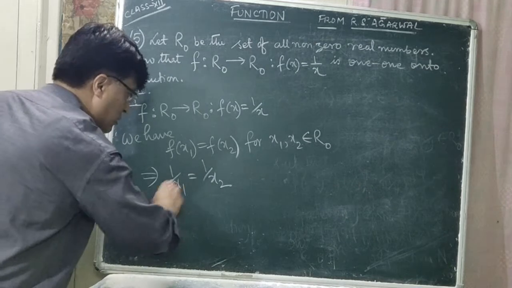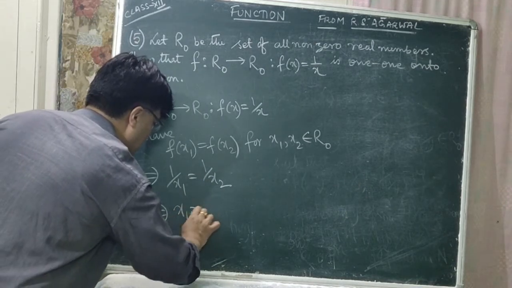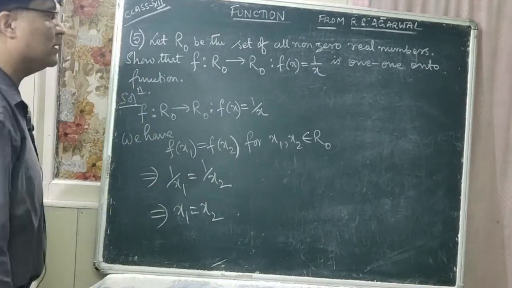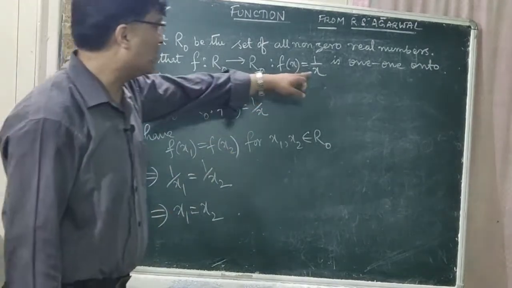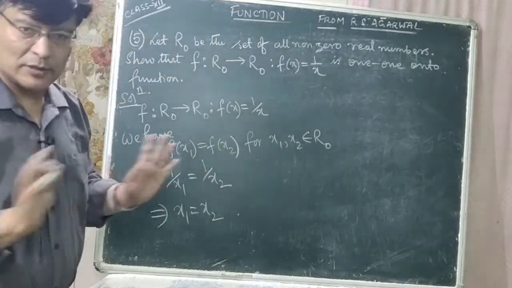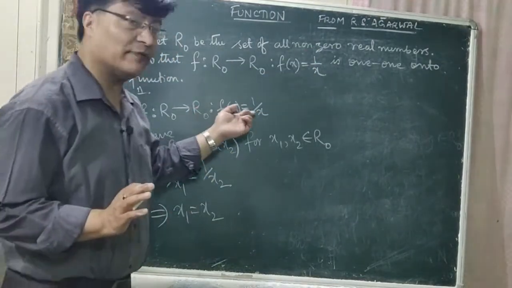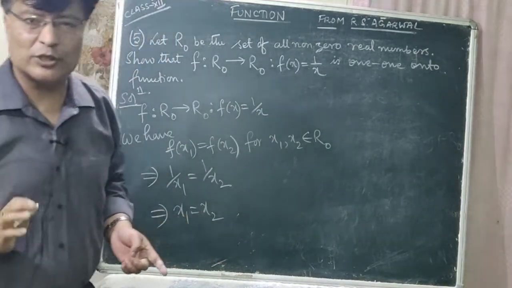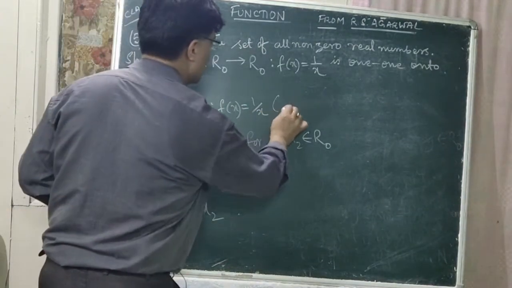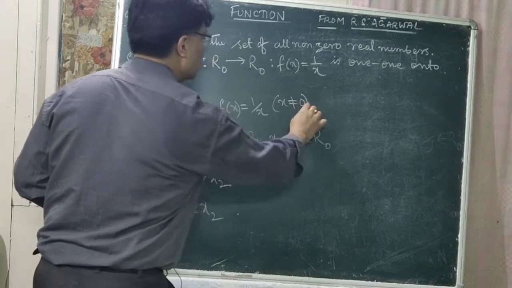You can do cross multiplication here, so x1 is equal to x2. Here x not equal to 0, so it is a defined quantity.